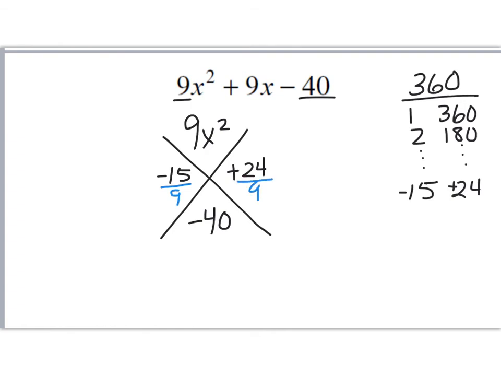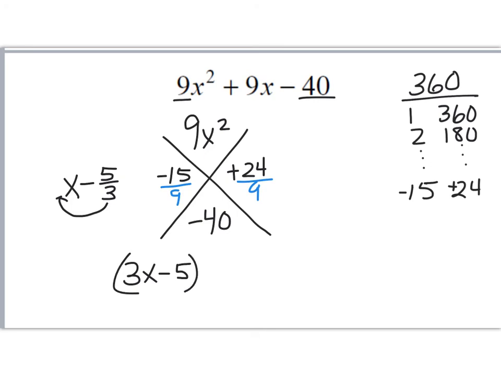Now you'll notice that not one of these is going to go into a whole number, but they can both be simplified. So I'm going to go ahead and do that right here. Negative 15 over 9, well, I can divide both of those by a 3, so that is 5/3. And remember, when we take this 3, I'm going to move it right here for my final one, so that's going to be a 3x minus 5.